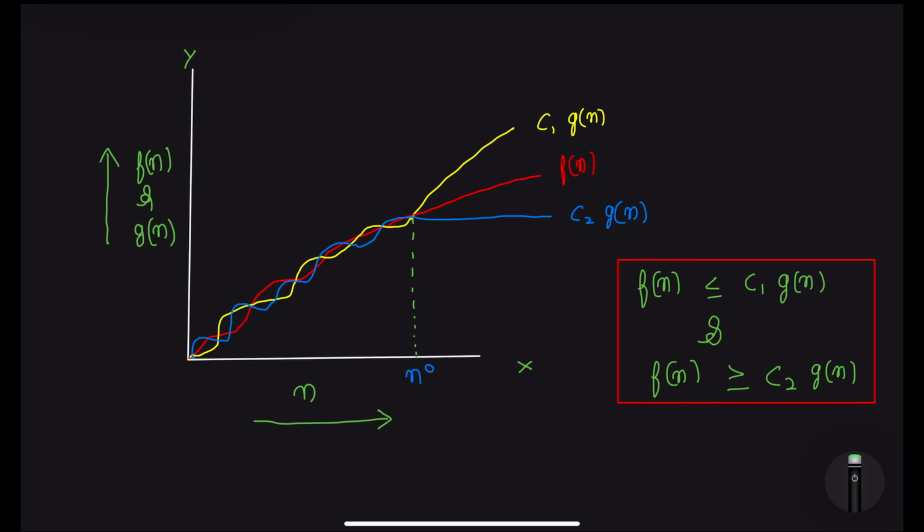Here c2 dot g(n) is always smaller than f(n), and this condition can be called omega. If these two conditions are met, then we can say the given function is theta. So let's move on to some examples. We can get a better understanding of all three, big O, omega and theta, with the help of examples.